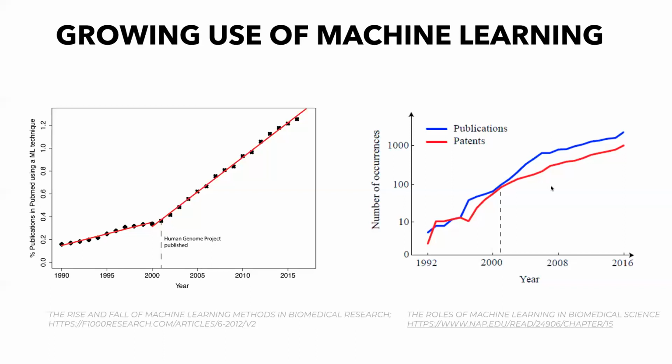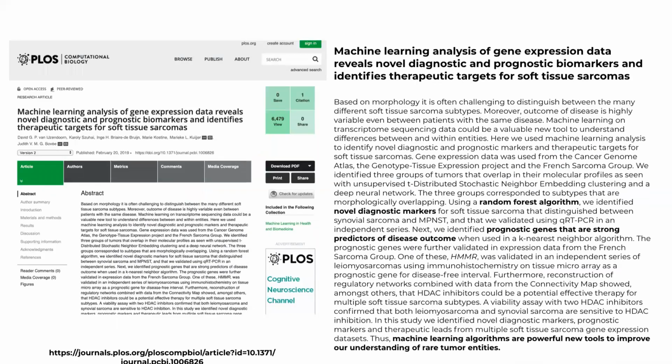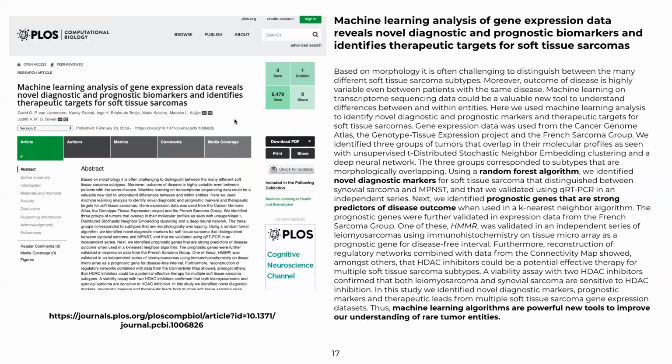So for example, here's a publication. Again, this publication is in the Dropbox link. How people use machine learning analysis of gene expression data, reviews novel diagnostic and prognostic biomarkers, identifies therapeutic targets for soft tissue carcinomas, right? So again, we see the same pattern.